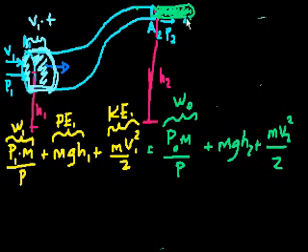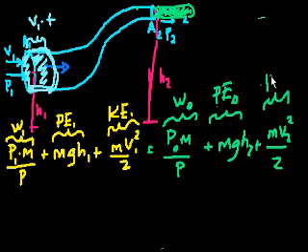Although now this column has more potential energy, right? It's up at h2, which I'm assuming is higher than h1. And then its kinetic energy is just the mass of this cylinder of fluid times its output velocity squared divided by 2. So this is potential energy out, and this is kinetic energy out. And these equal each other.